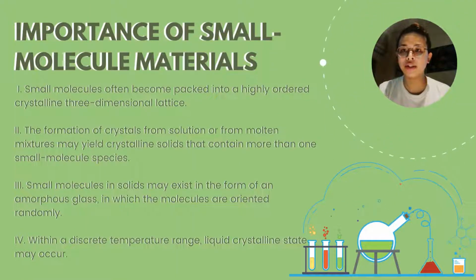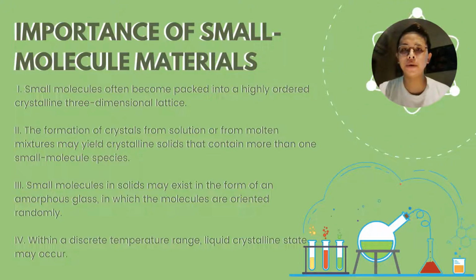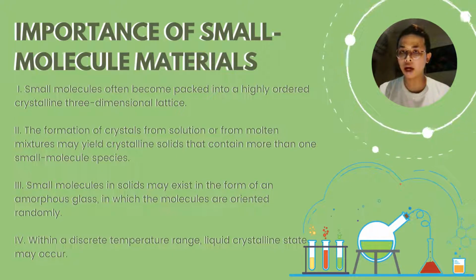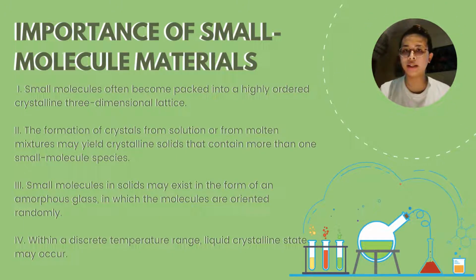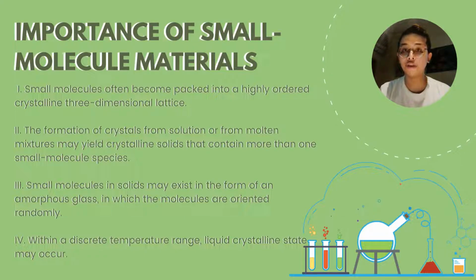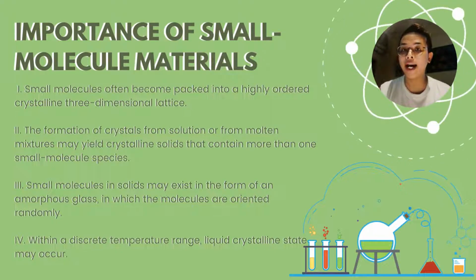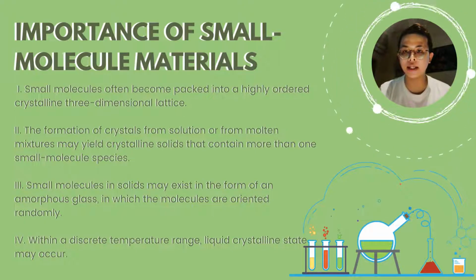Small molecules in solids play a fundamental role in electronics, photonics, and molecular separations. Small molecules can become assembled in the solid state in several different ways, all of which provide a useful introduction to the behavior of more complex materials. The first importance of small molecule materials is that small molecules often become packed into a highly ordered crystalline three-dimensional lattice.